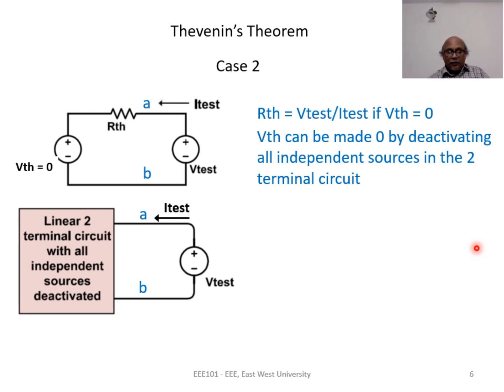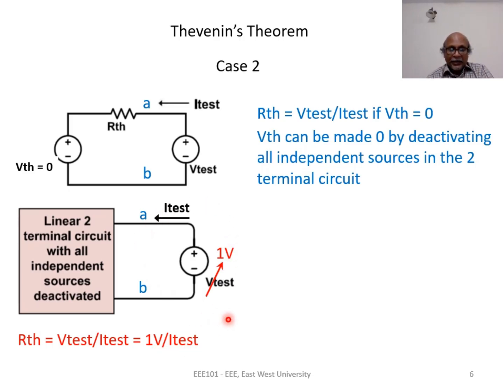But for simplicity, we often choose Vtest equal to 1 volt. So for this 1 volt test voltage source, we will determine the value of Itest. And once we know Itest, RTH is straightforward, equal to Vtest by Itest, but Vtest is 1 volt, so RTH is 1 volt by Itest.